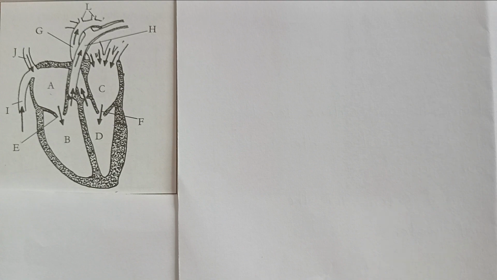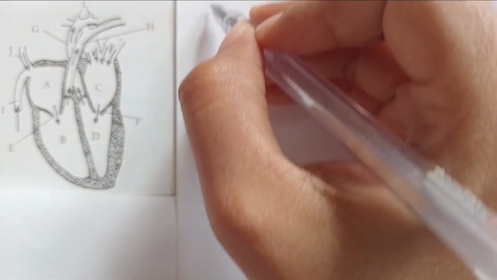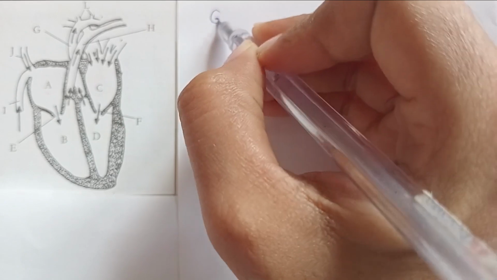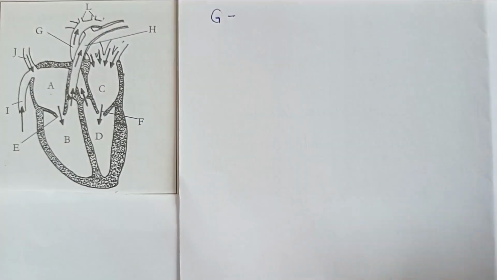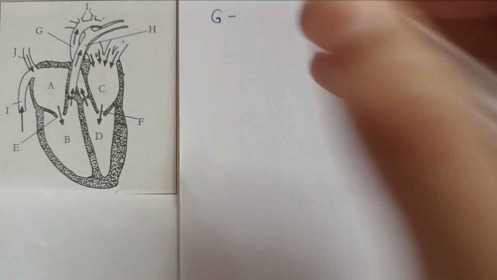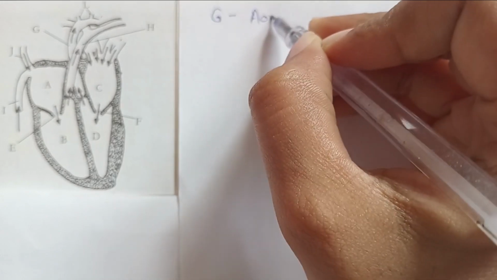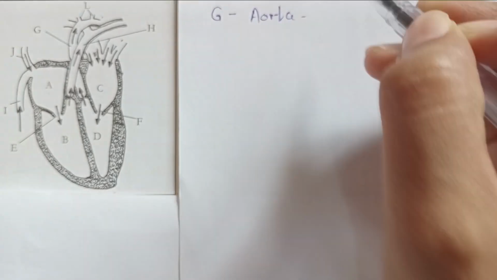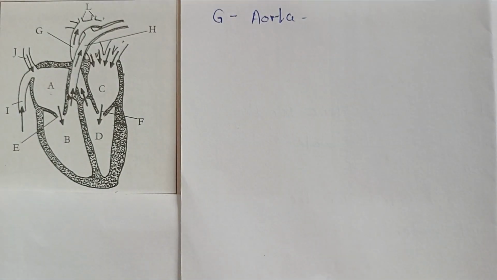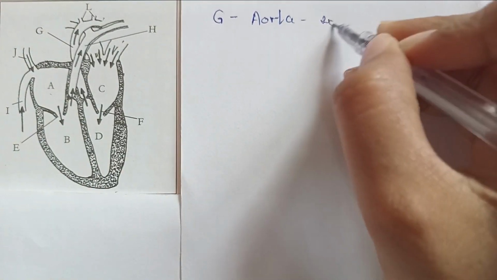Then from letter G, they have labeled aorta. In Sinhala we call Sansthanika Mahadamaniya.